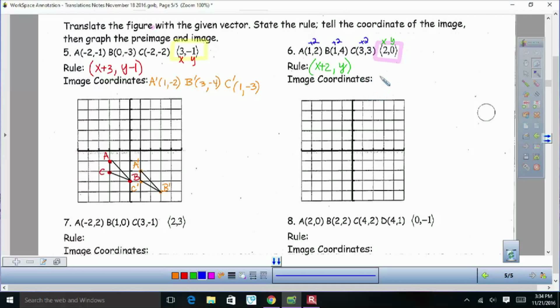So our new image coordinates would be A prime is 3, 2, B prime is 3, 4, and C prime is 5, 3.